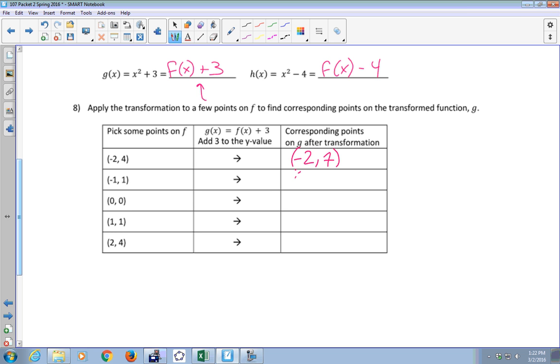Right, and then negative 1, 1 becomes negative 1, 4. And then I have 0, 3, and 1, 4, and 2, 7. And those were already points that my graphing calculator had given us, but now we could just look at the formula and be able to come up with those in our head.